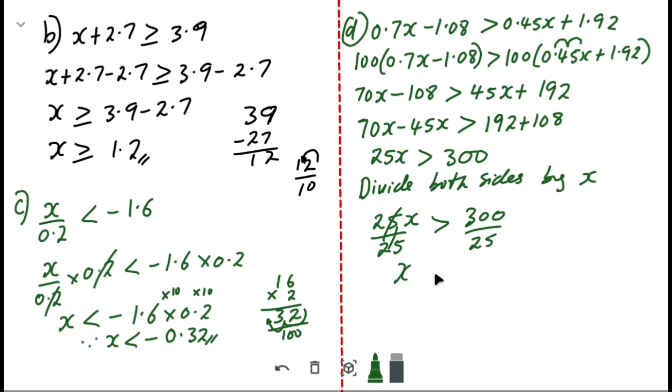So x will be greater than 25 in 25 is 1, 25 in 300 is going to give us 12. So we have 12 over 1. Therefore, your x is greater than 12. So 12 will be the final answer for the fourth question. Now let's move to the fifth question.